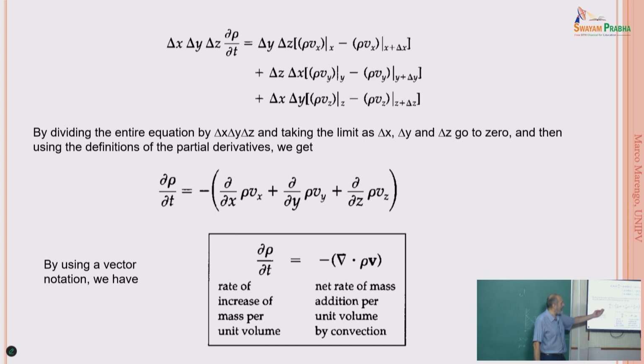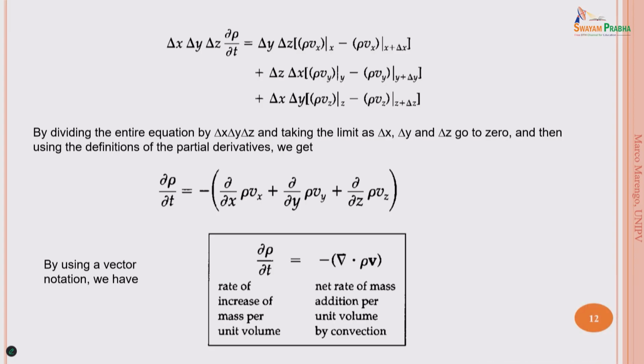At the end, we land with this expression, saying that the variation of the density in time is equal to minus the derivatives with respect to the three coordinates x, y, and z of the mass flow rate, rho Vx and so on. It is the specific mass flow rate, because I multiply by the area and then divide everything by the volume.